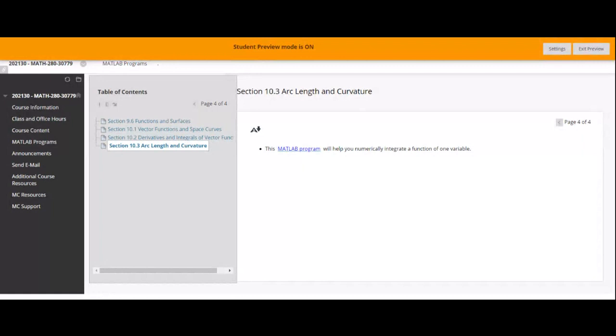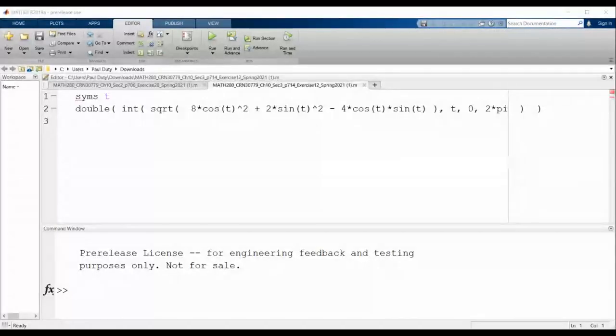So now let me go into where I need to go here. All right, can you see the program all right on the screen? Okay, good. Thank you, Ryan.